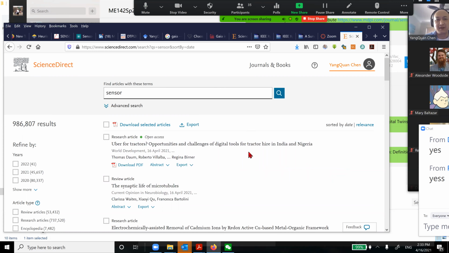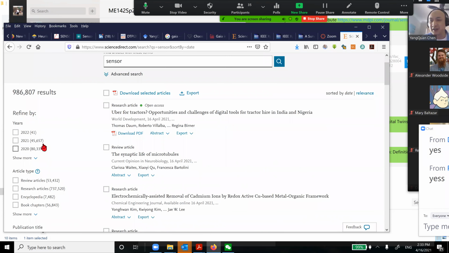So you can see every year how many. Last year was 80,000. This year we just started, it's already 45. So it's increasing every year, right? So it's a huge amount.